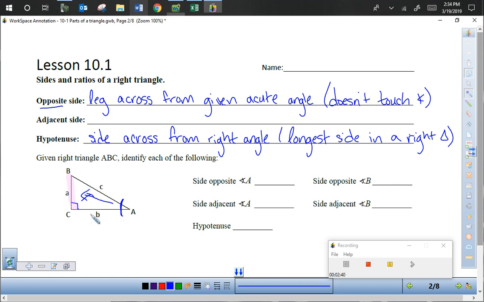So it is the leg, not the hypotenuse, that is next to the given angle. So it touches this time, but it's not the hypotenuse.